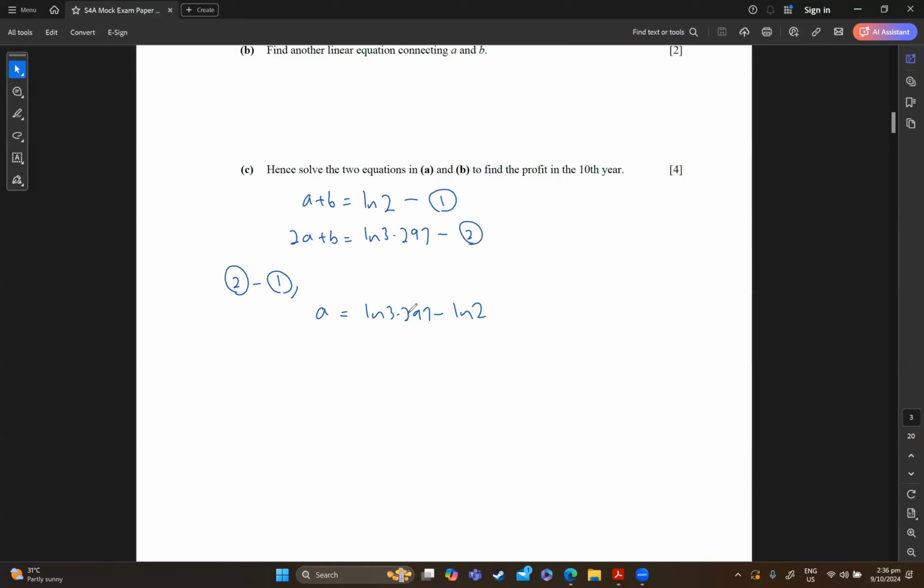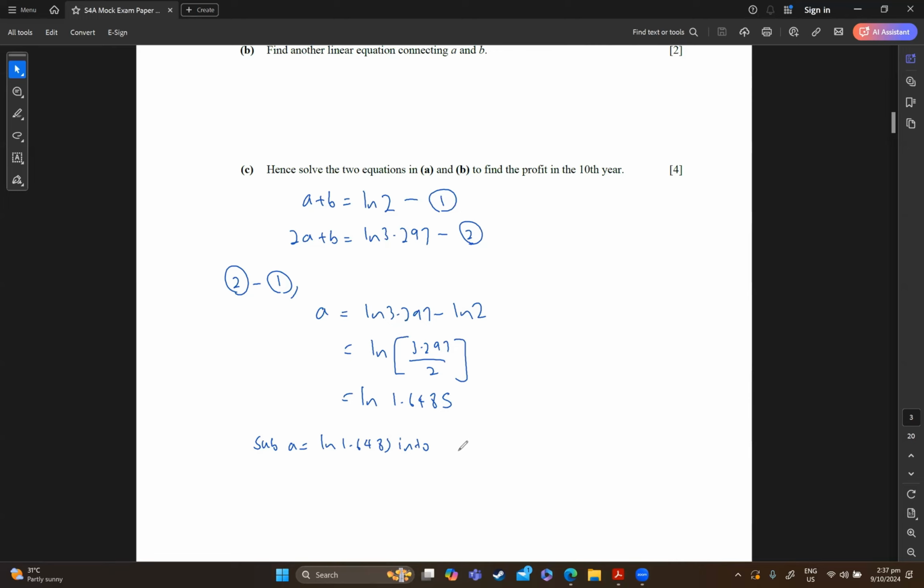Okay, so to retain the accuracy of the value, this is what I'm going to write. This is basically ln 3.297 over 2, which can be written as ln 1.6485. I'll just leave it alone here first. So that's A. So what you want to do, sub A equals ln 1.6485 into any equation that you prefer.